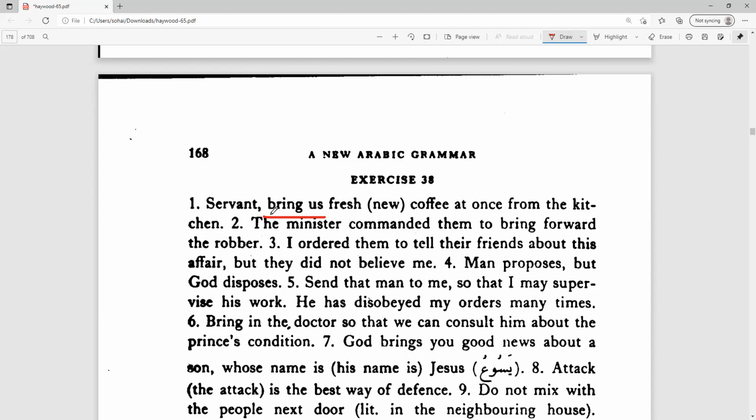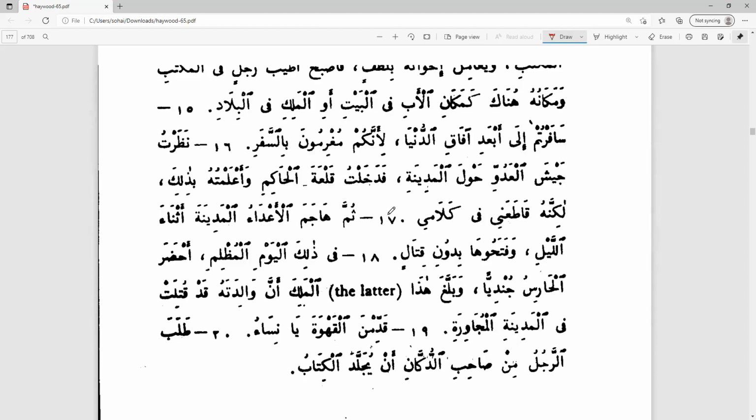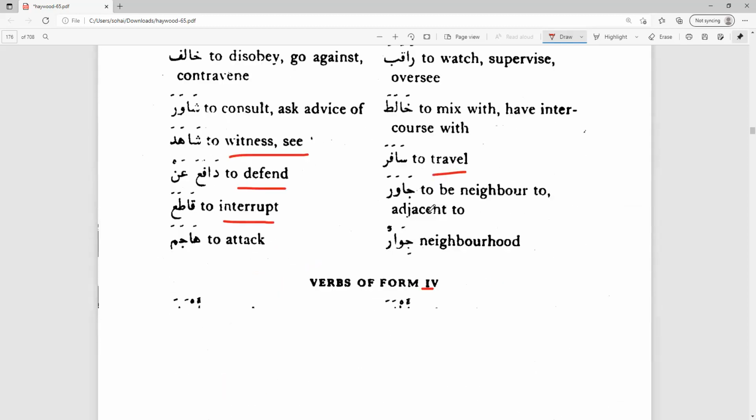Fresh coffee. So you're commanding the servant to bring us fresh coffee, right? So how do you say bring us? To bring forward, we don't need qaddama yuqaddimu.